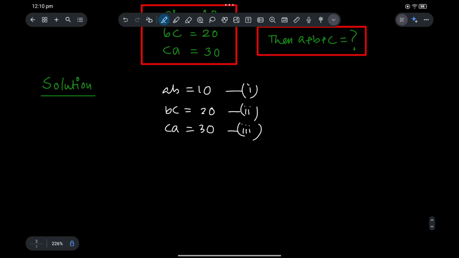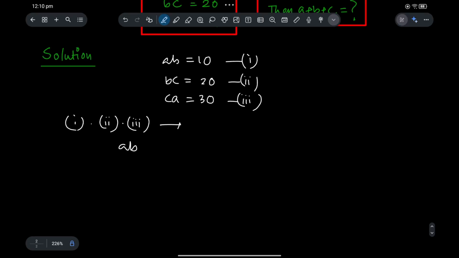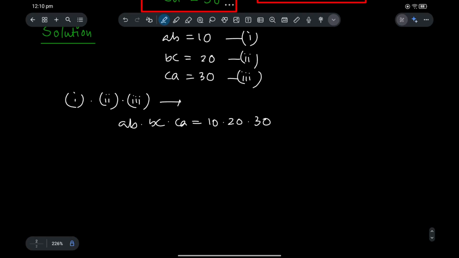Now multiply equations 1, 2 and 3, we get AB into BC into CA equals 10 into 20 into 30. So here we get A 2 times, B 2 times and C 2 times. So basically A squared into B squared into C squared equals 6000.